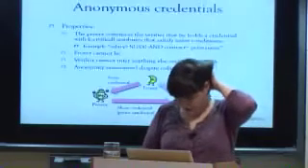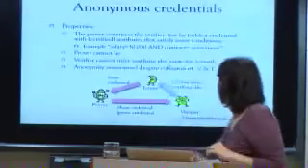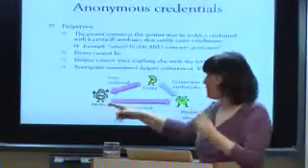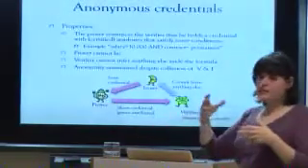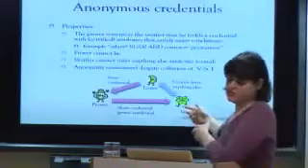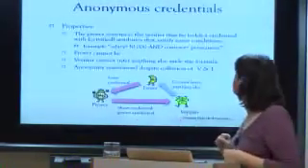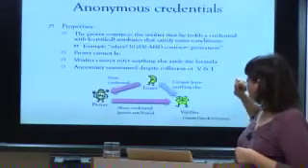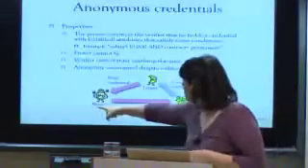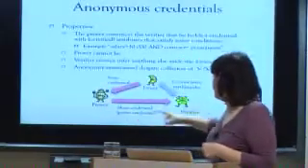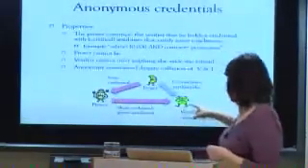Just to make it a little bit more clear, we have some issuer, the prover is the user who is going to have the credential, and the verifier is, in this case, the petition server. So this is the state, this is the person, and this is the petition server. The user gets a credential from the issuer, and then is able to use it to sign or prove attributes to the verifier.